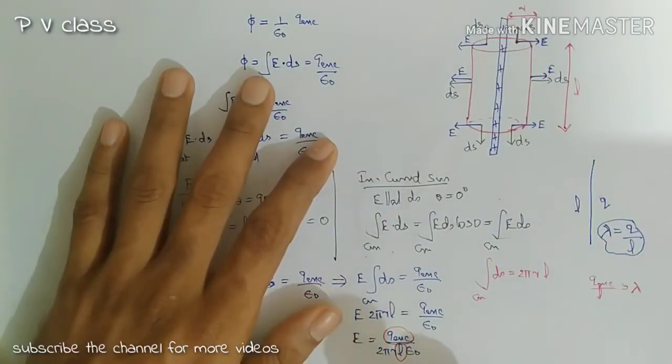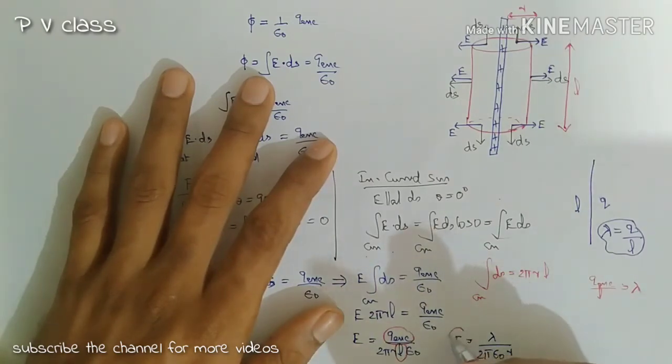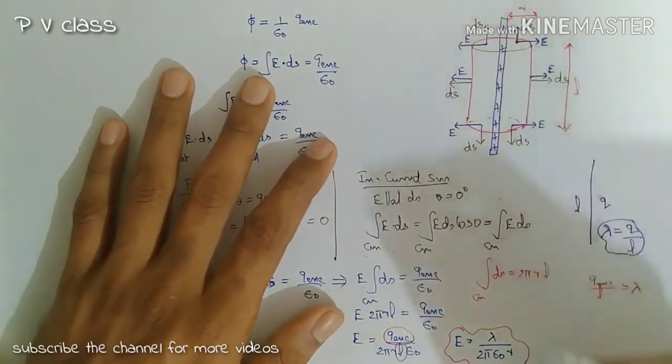I could replace Q enclosed by L with linear charge density. That means I could write E is equal to lambda by 2 pi epsilon 0 r. This is our expression for electric field intensity due to an infinite line charge.